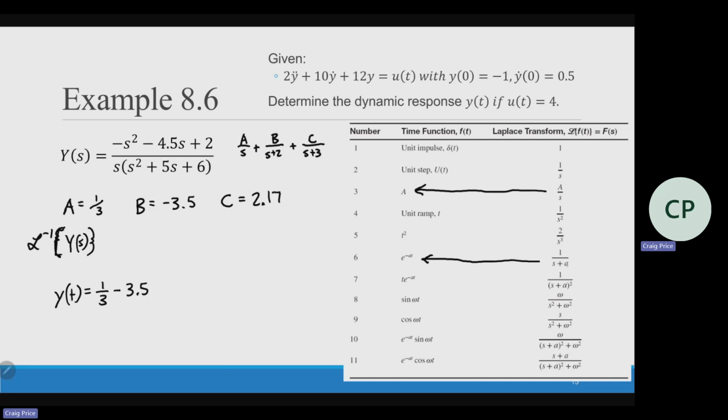So if I'm at the table right here, S plus 2, that A is 2. And so this becomes an e to the negative 2t. And lastly, we have C, 2.17, times e to the negative 3t.